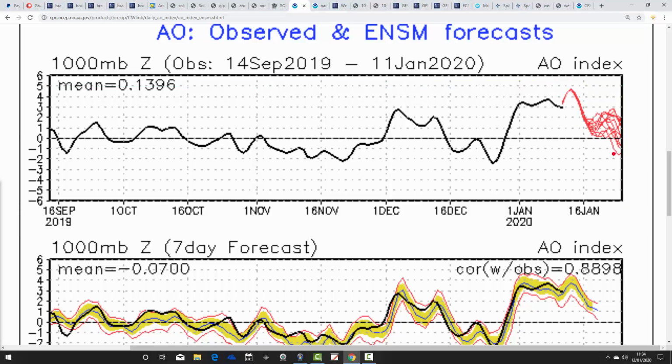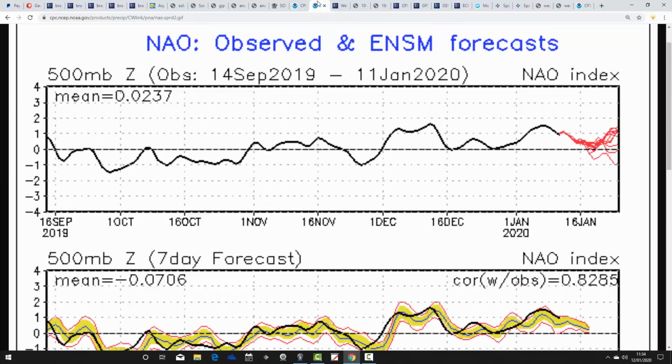One or two of those ensemble members take the AO into negative territory, but they are outliers. Not many of them are doing that. Most of them are staying on the positive side, just a little bit of a reduction compared to the extraordinary, maybe even record-breakingly positive AO that we've got at the moment.